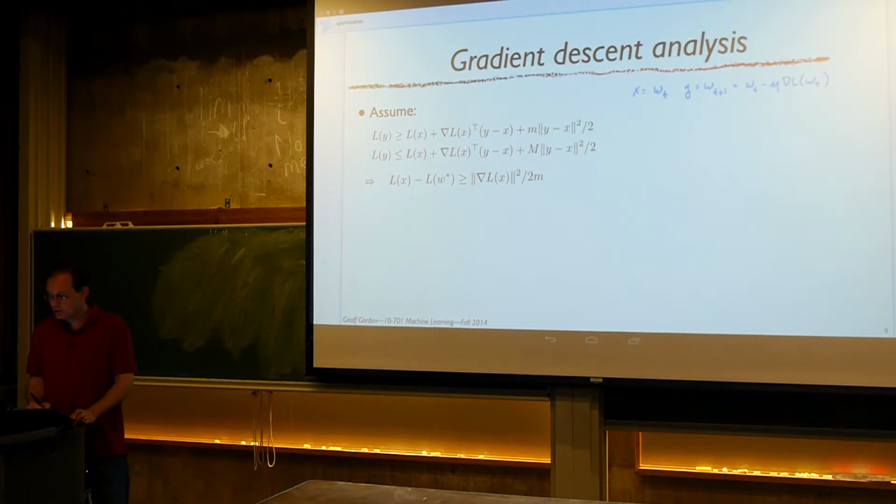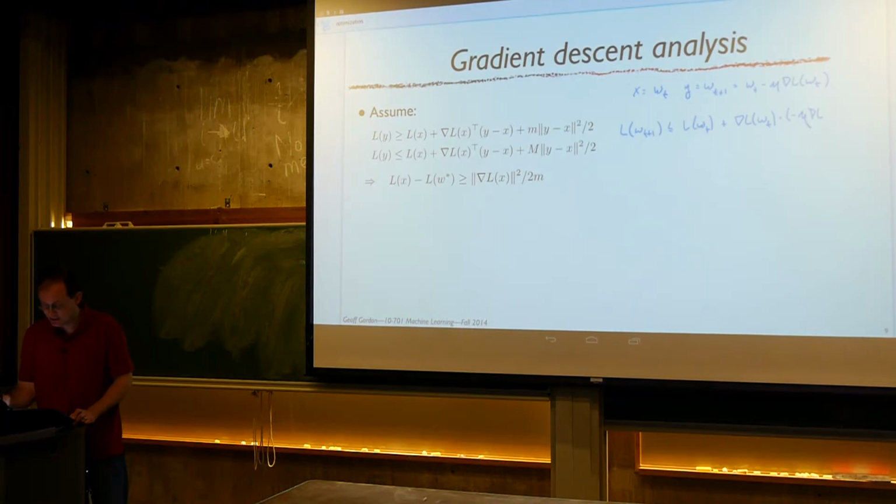And if I substitute those into the second line, I get that the loss at wt plus 1 is less than or equal to the loss at wt plus the gradient of L at wt dot y minus x, which is now wt plus 1 minus wt, which is to say minus eta times the gradient of L at wt.